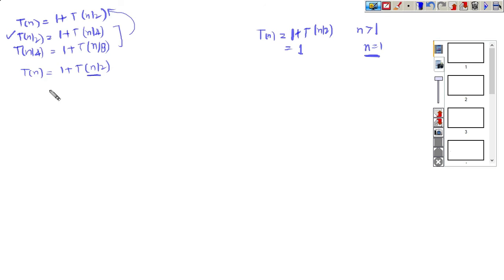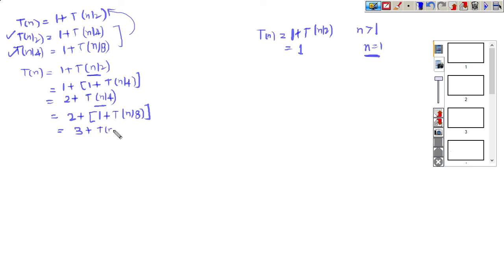I get 1 plus T(n/4), which will be 2 plus T(n/4). Now I will place this from here, and what I will get: 2 plus 1 plus T(n/8). If we expand this, you will get 3 plus T(n/8). So this is how we keep on expanding.